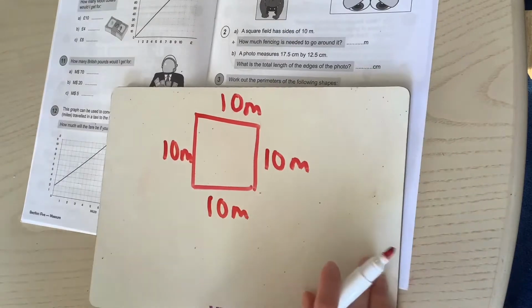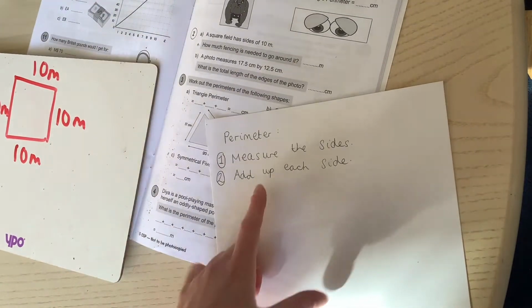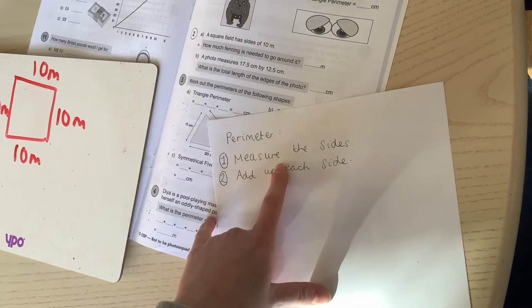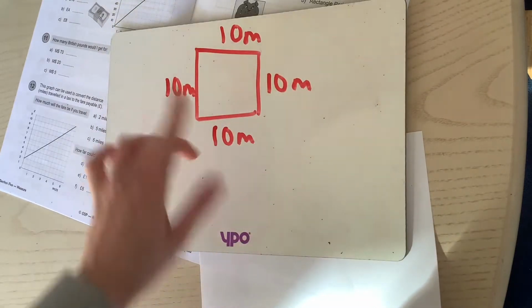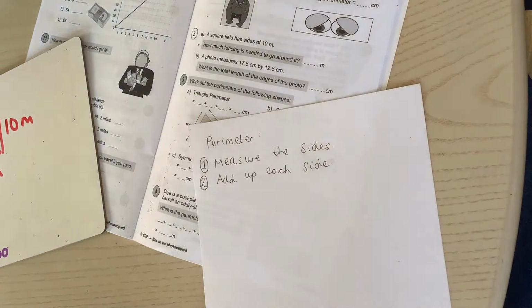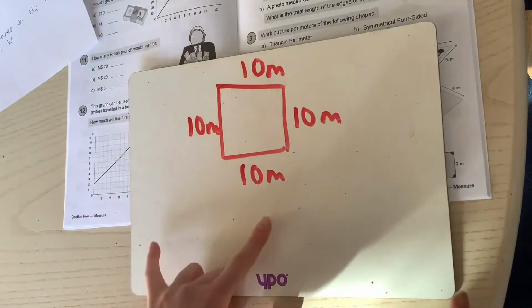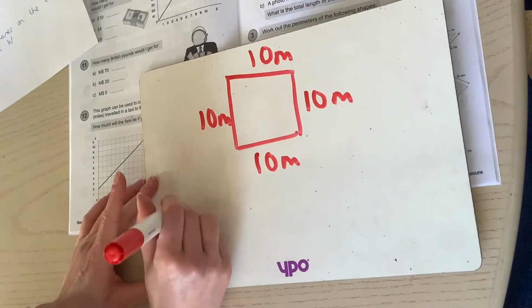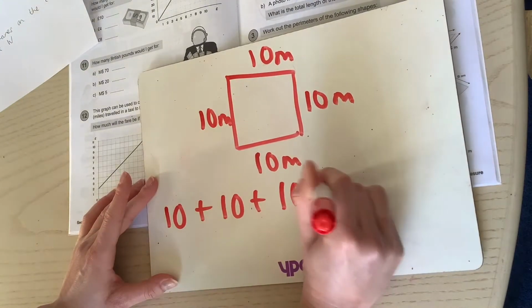When I'm working out my perimeter, I have two steps. My first step, measure the sides. I've done that. I found my sides. And my second step is add up each side. So I've got all my sides, now I need to add them up. 10, add 10, add 10, add 10.